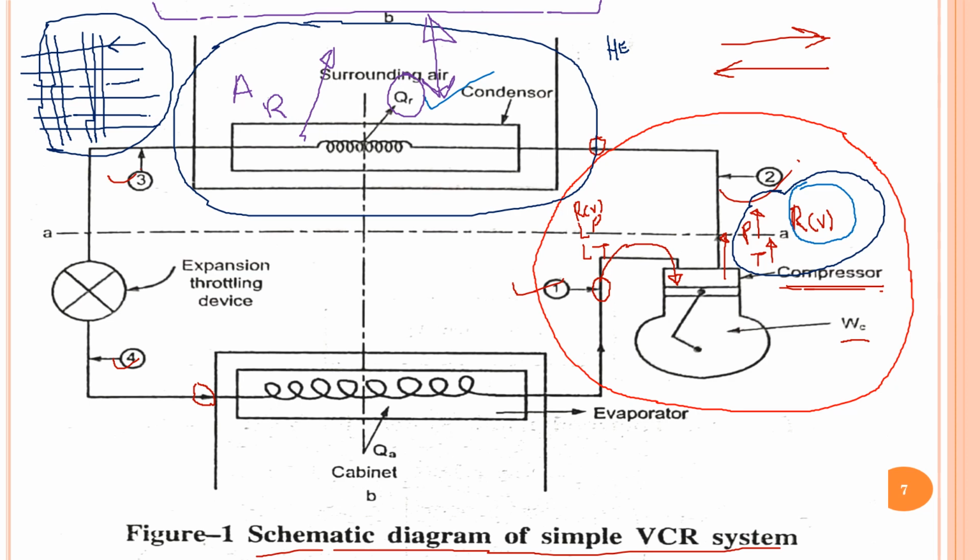So what happens at outlet of the condenser? Definitely heat is rejected, so temperature will drop. Pressure will drop slightly, or you can say pressure is as it is. But the refrigerant which was vapor here is converted into liquid because vapor rejects the heat, so it converts into liquid.